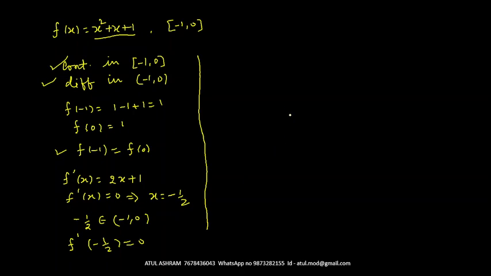Okay. Let's try to understand it by the graph. This is the x-axis. This is the y-axis. y is equal to x square plus x plus 1 is an upward concave parabola. At 0 it is 1 and at minus 1 it is 1. Okay. At minus 1 by 2 its value is what? 3 by 4. f of minus 1 by 2 is 3 by 4.